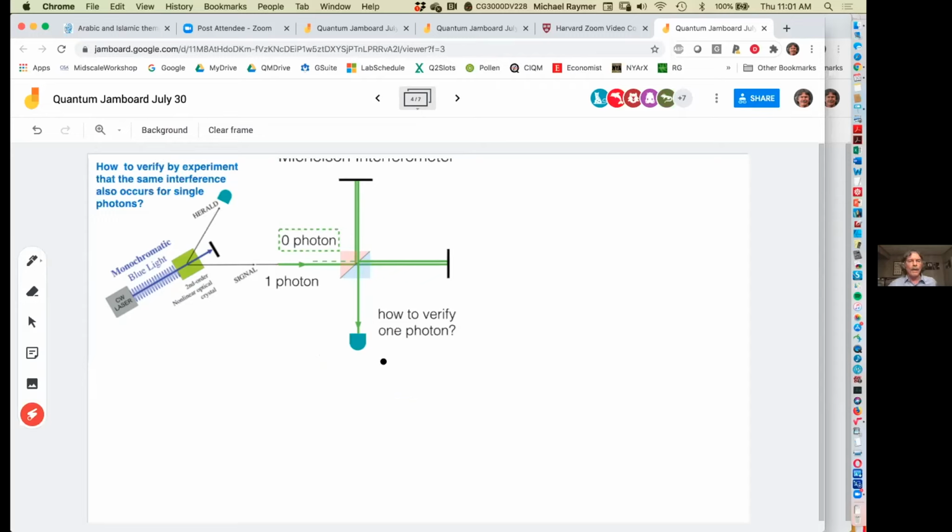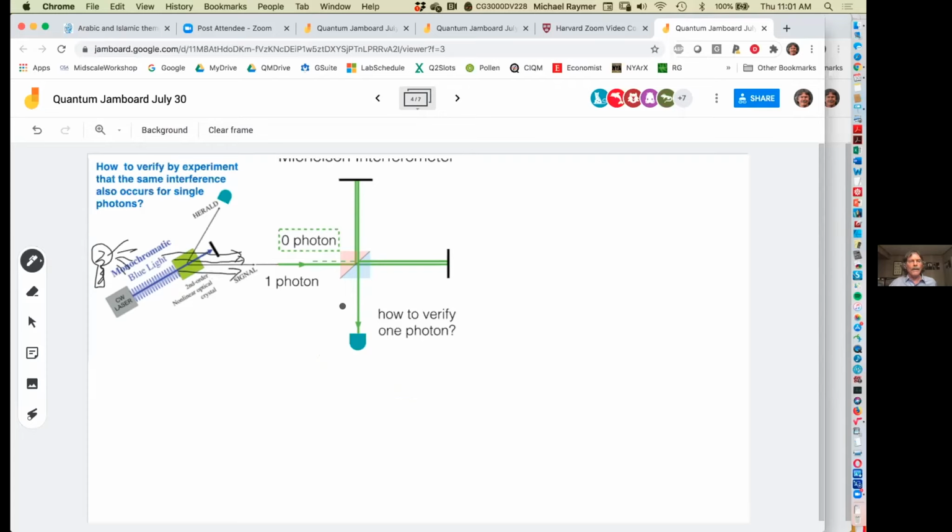But there's still a problem that we talked about, and Henning emphasized that. What if there is some other light source over here? There's a light bulb over here, and it's spewing out photons. And some of those unwanted photons can get into my path here.